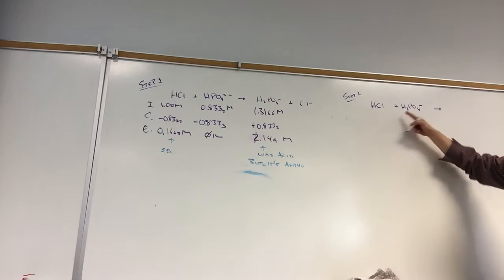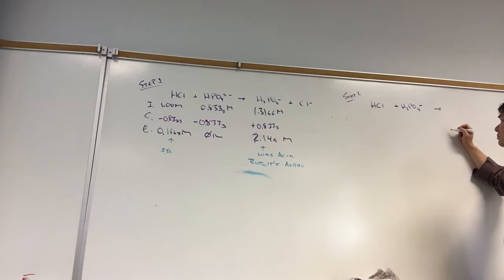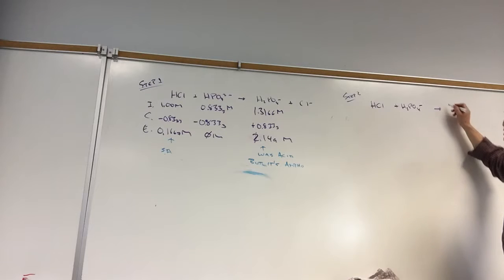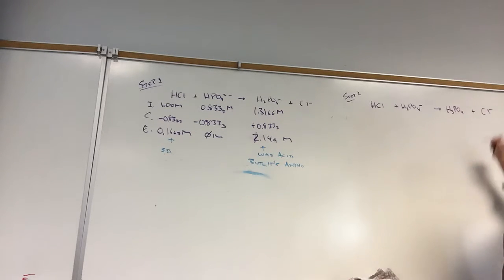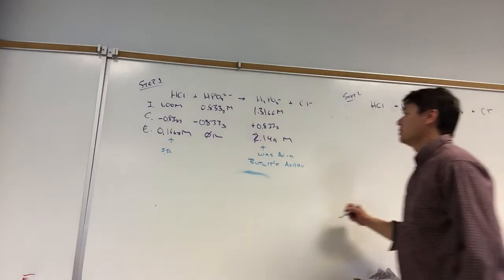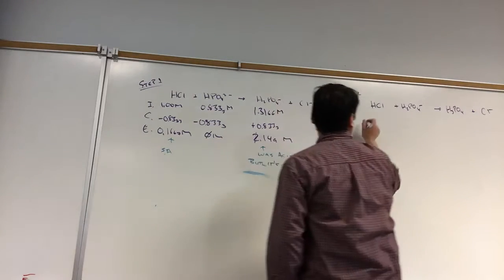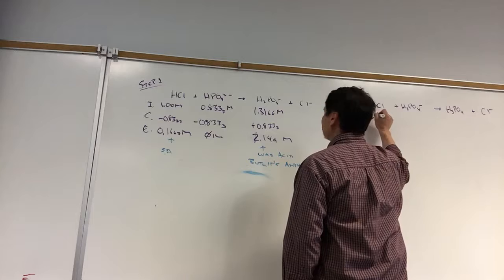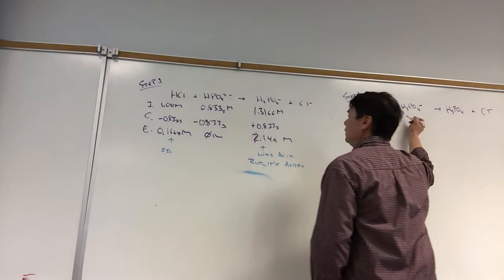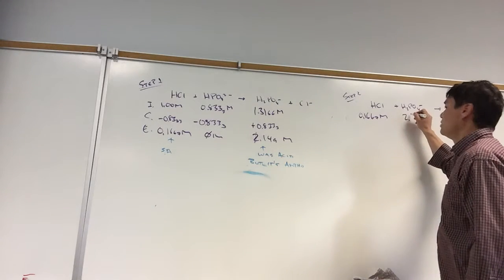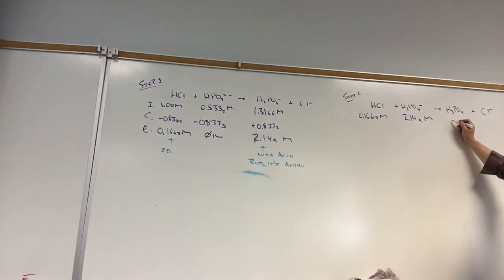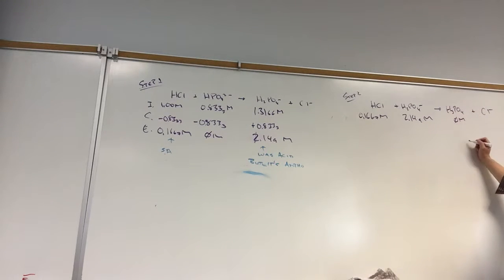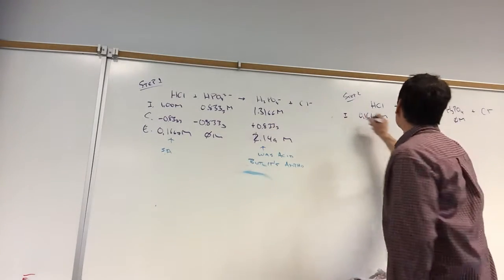And so this is going to give us phosphoric acid and chloride. All right, so let's go ahead and do that. Here I got 0.1667 molar HCl. The dihydrogen phosphate is 2.149 molar, and the phosphoric acid is 0 molar here. That's my initial. Chloride is 0.